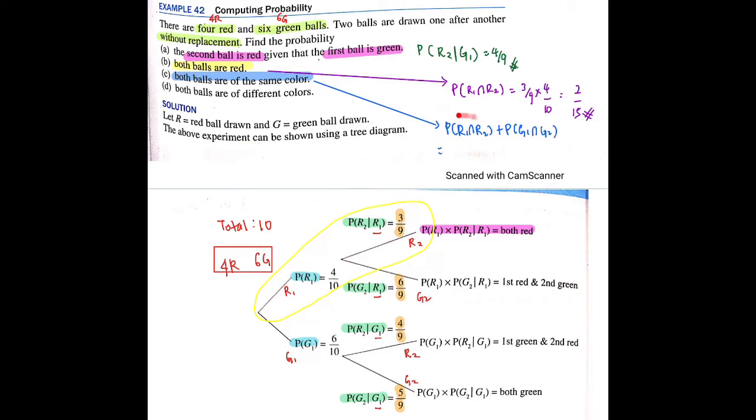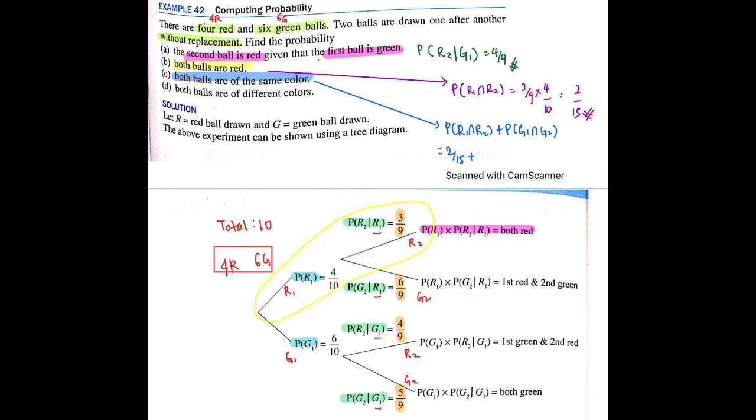We already have the answer for R1 and R2, which is 2 over 15. Let's just rewrite this, and let us now find the probability of G1 intersect G2. The first ball is green, the second ball is also green.